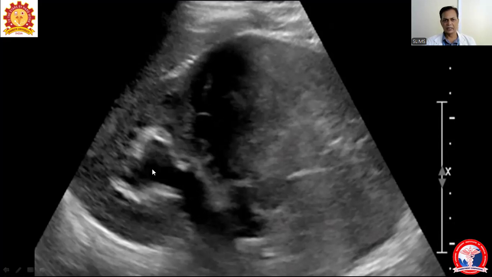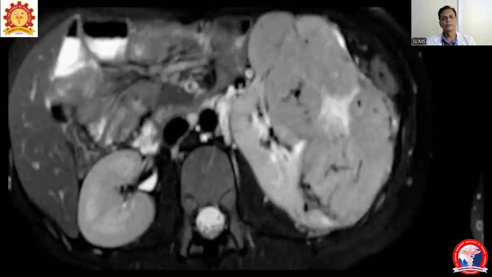What we are seeing here dark is the calyceal region, and this is the renal pelvis. So this is an enlarged renal pelvicalyceal system because of obstruction secondary to a neoplastic lesion of the kidney along the lower pole, and this was a case of renal cell carcinoma.